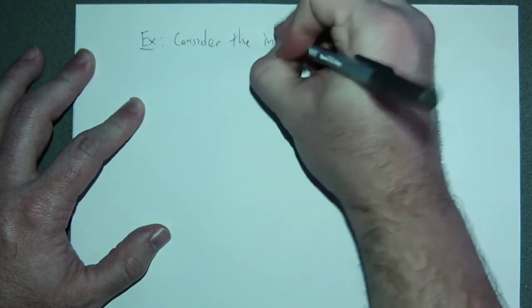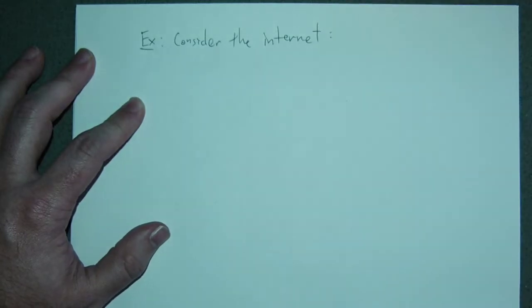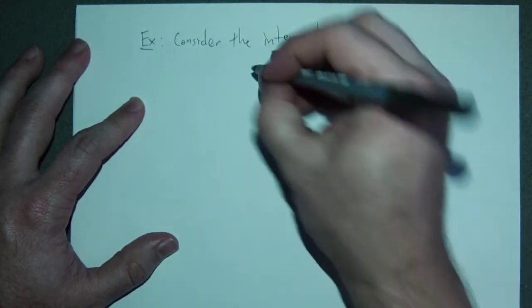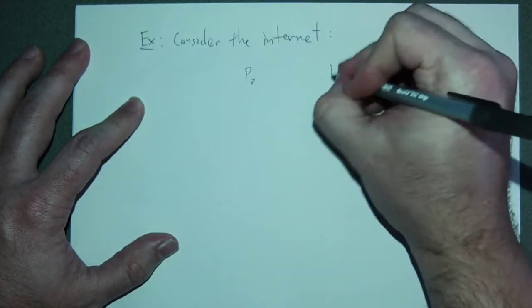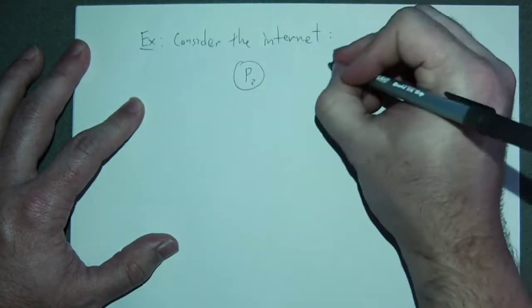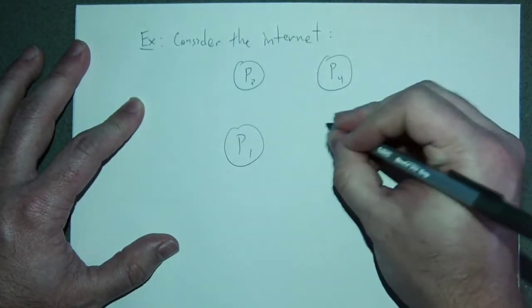Consider the internet given as follows, again only consisting of 4 web pages. Here's page 3, here's page 4, here's page 1, and here's page 2.